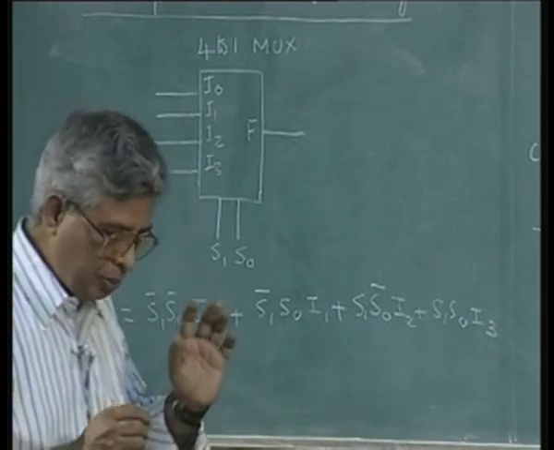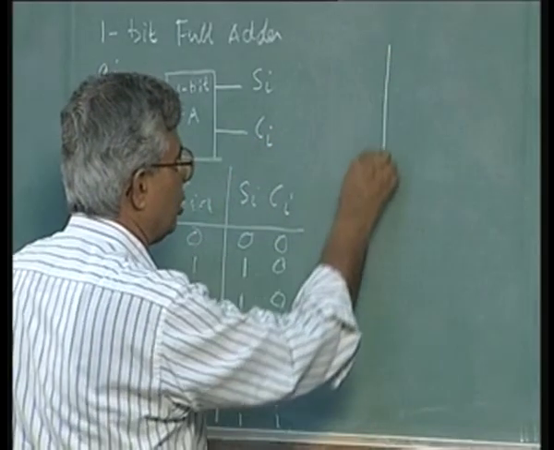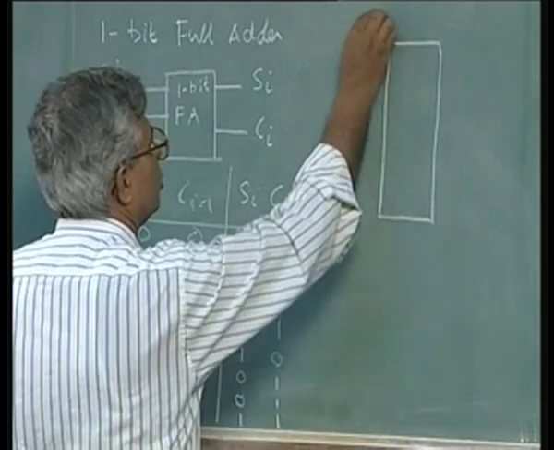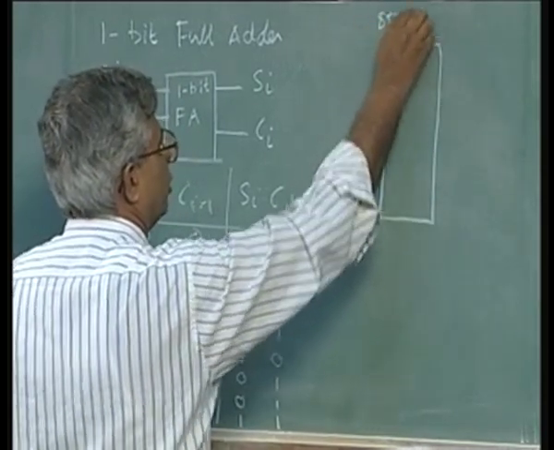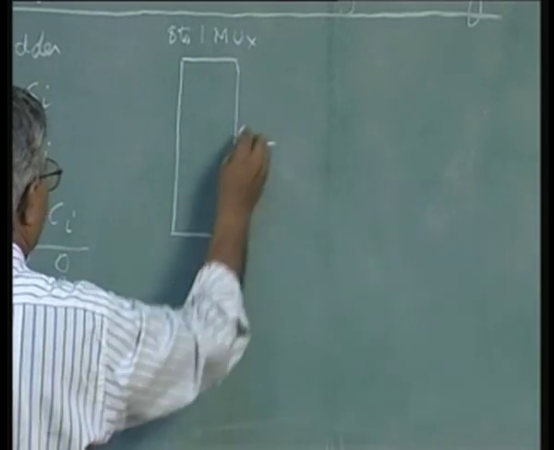So that will be the simplest possible implementation. So I am going to use a multiplexer with 8 inputs and 1 output, an 8 to 1 mux, and the output F is nothing but Si.